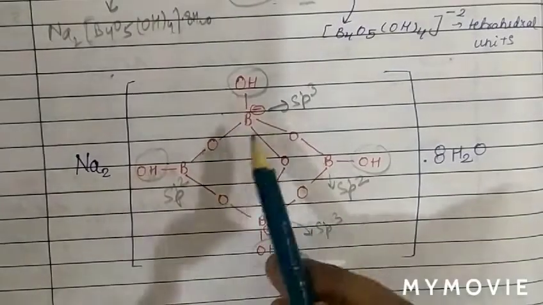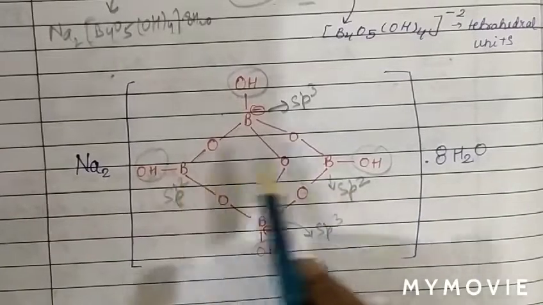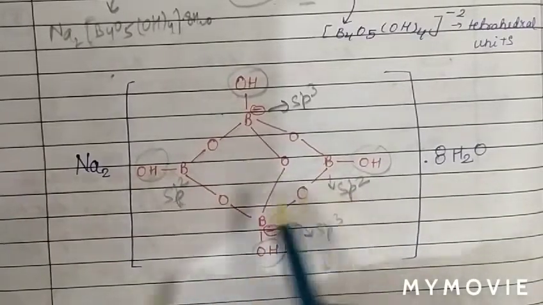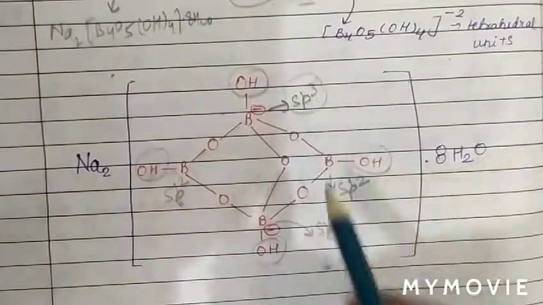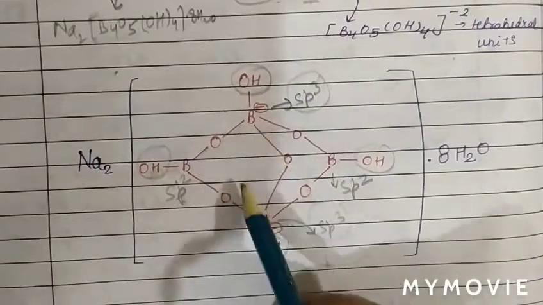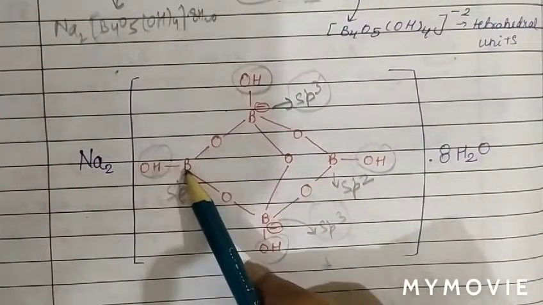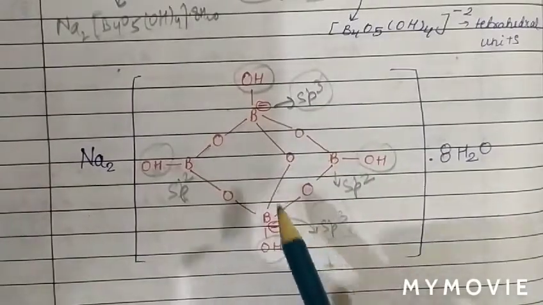So in borax, how many sp2 hybridized boron atoms are present? 2 sp2 hybridized boron atoms are present, and 2 boron atoms of sp3 hybridization are present. Out of 4 boron atoms, 2 are sp2 hybridized and 2 are sp3 hybridized.